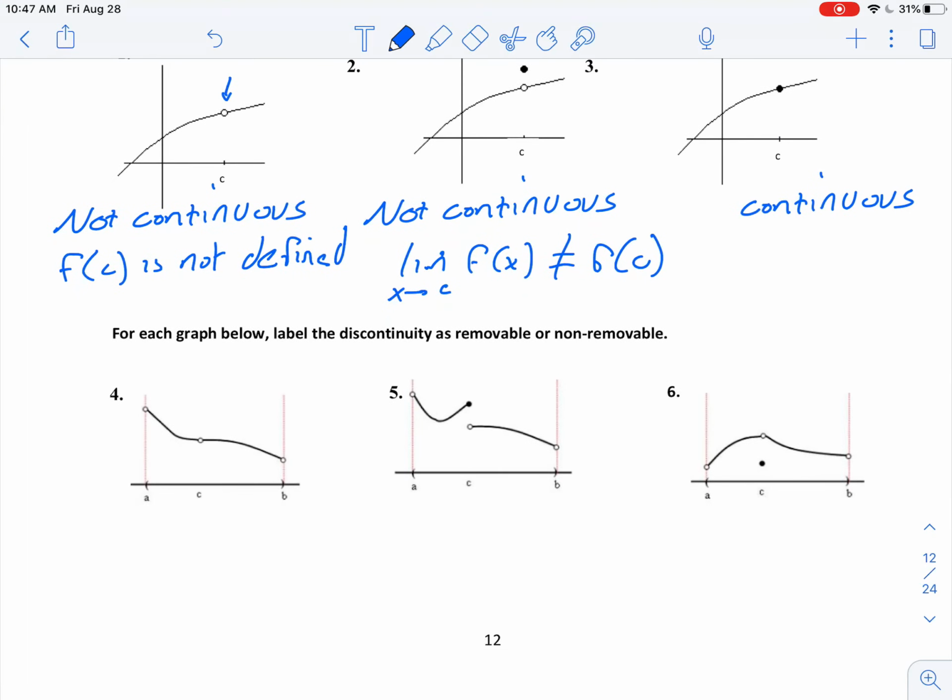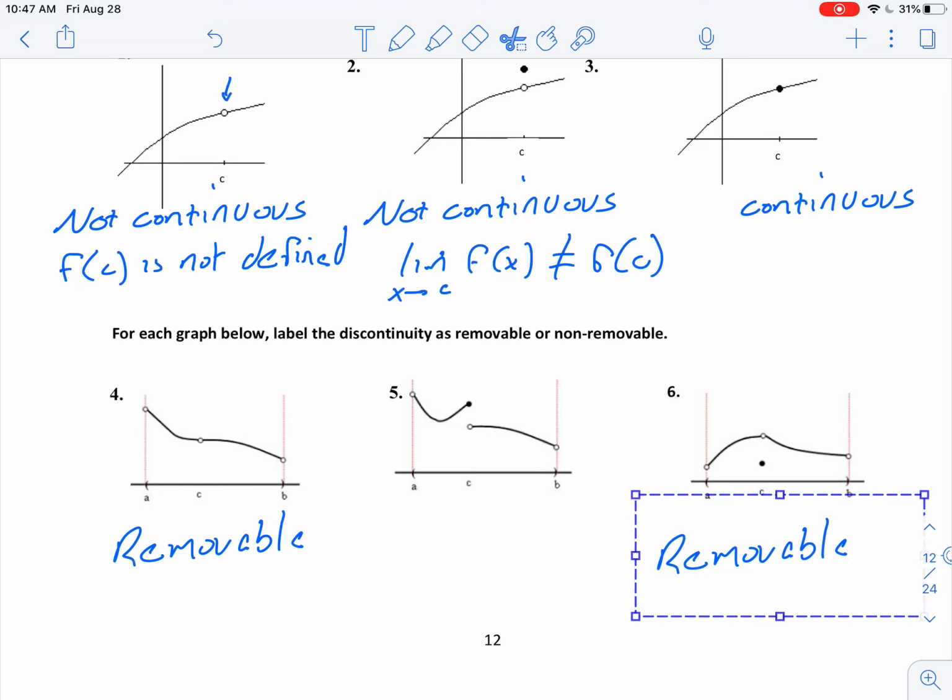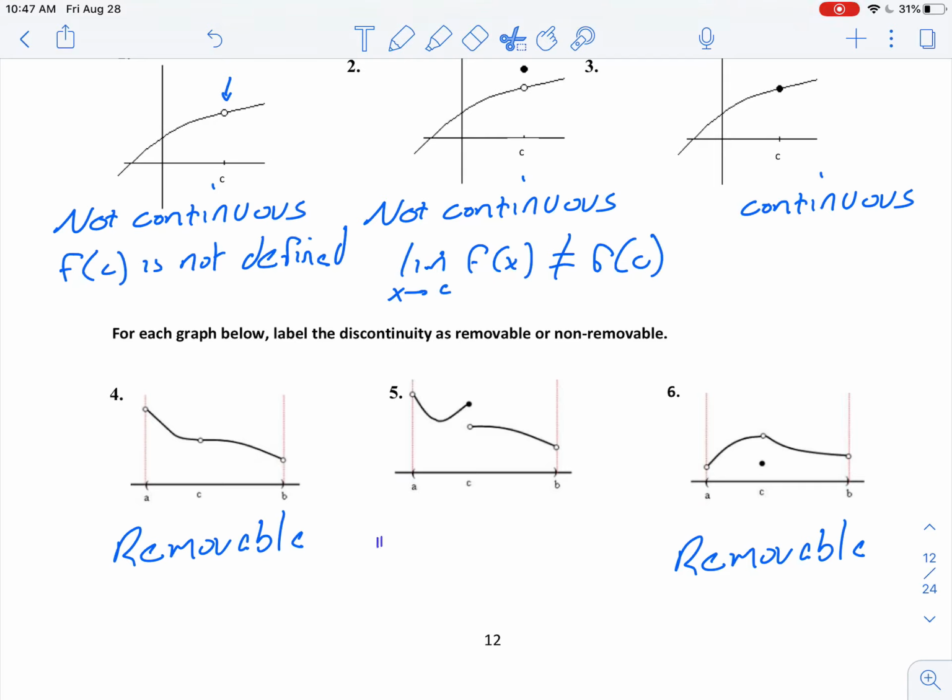All right, for each of the following, label the discontinuity as removable or non-removable. Removable discontinuities are basically holes in the graph. So both number 4 and number 6 are what we call removable. Number 5 is a break in the graph, and it's non-removable.